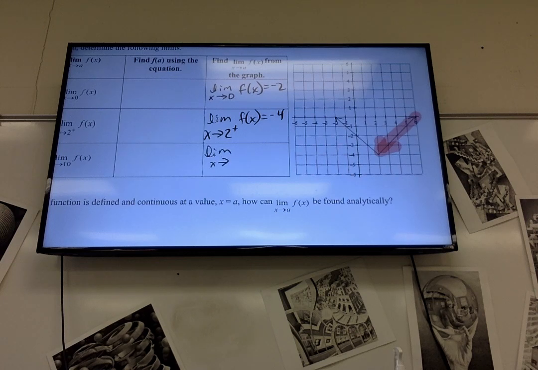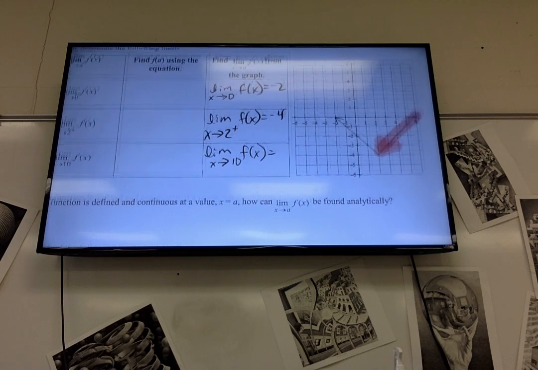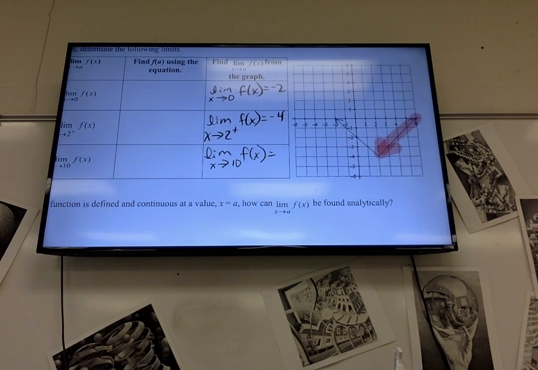Limit as x approaches 10 of f of x. Well, can we figure out what would happen as I continue up? Just to 10, though. 6. How'd you get 6? You guessed? Okay. Like an educated guess. Okay, let's just leave that as a question mark for now.